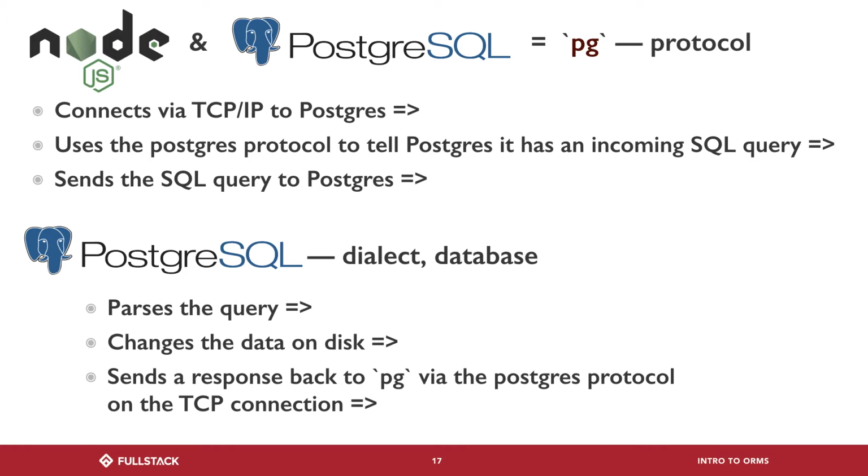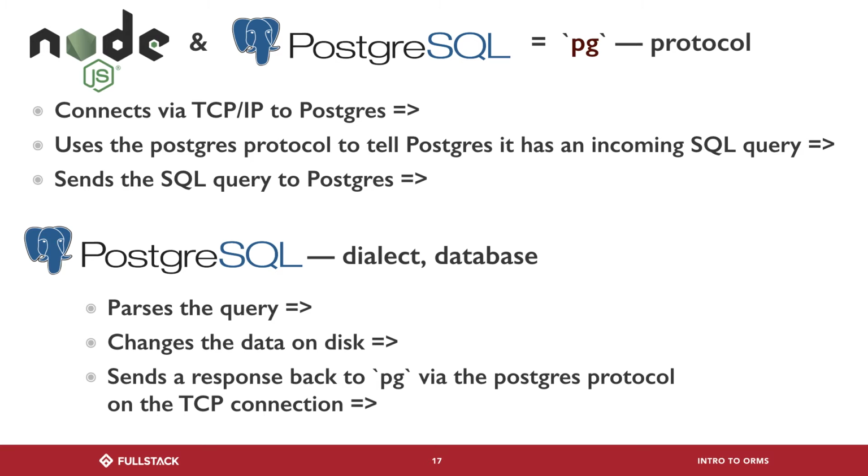And then now we're at the PostgreSQL dialect and database, not PG, the Postgres node package, though they have the same picture, but PostgreSQL, the dialect in the database itself, which parses the query, talks to the file system itself, and then sends a response back. It gets a request, it sends a response, request-response cycle.